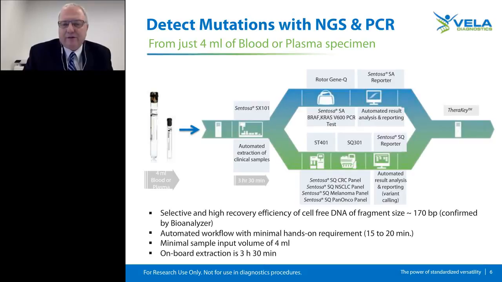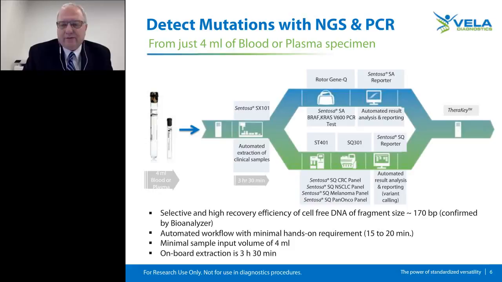The robot can also be loaded with either a PCR assay, such as the Sentosa assay BRAF or KRAS PCR test, or with one of the next generation sequencing panels, such as the Sentosa SQ CRC panel, the SQ NSCLC panel, the melanoma panel, or our brand new Sentosa SQ Pan-Onco panel.